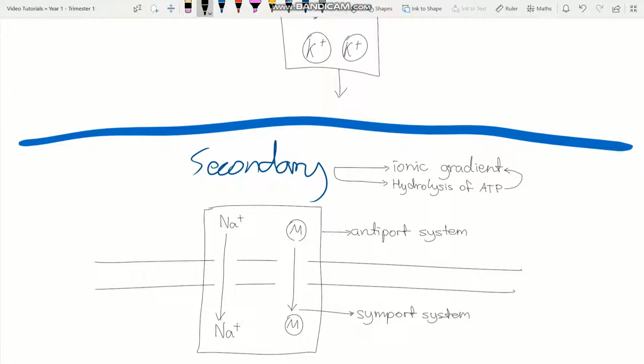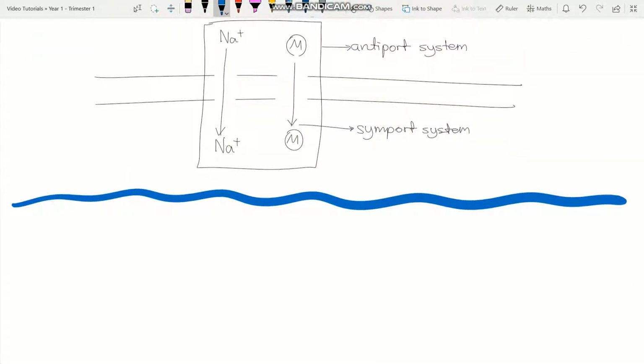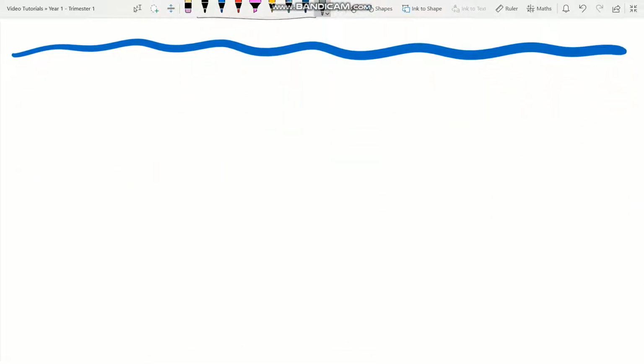Now, there's a type of transport that I would like to also mention, which is quite important in cells as well, and is a concept that relates to all other types of transport, and this is called bulk transport.